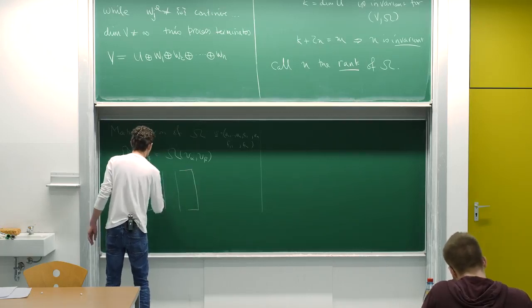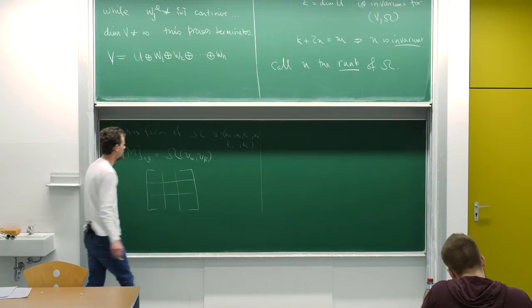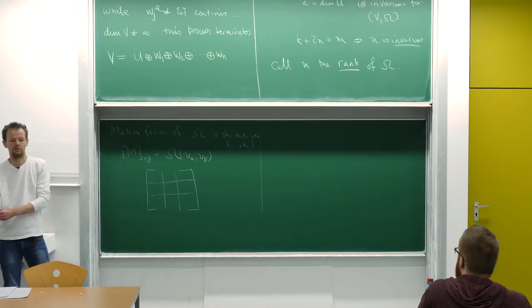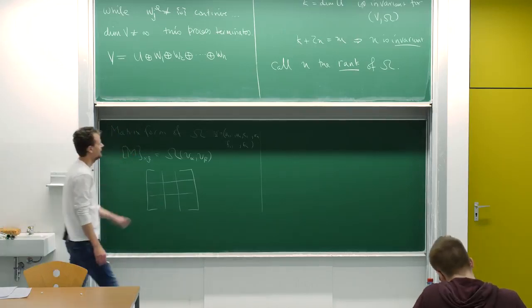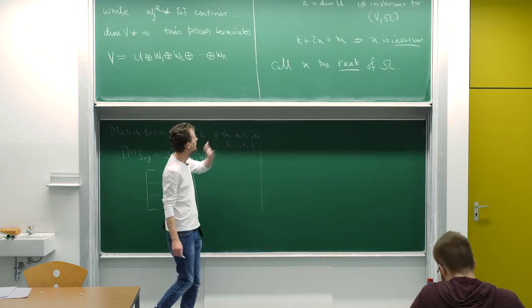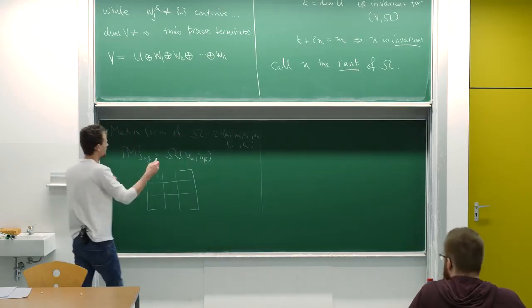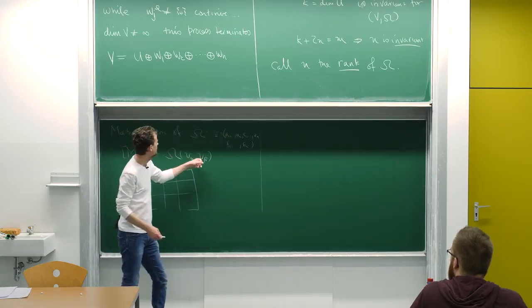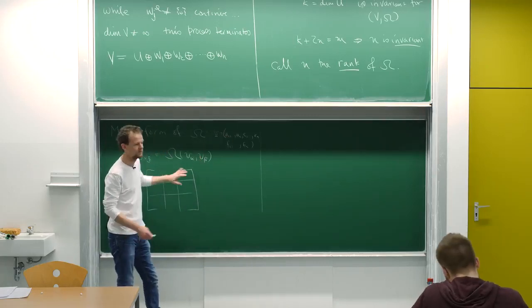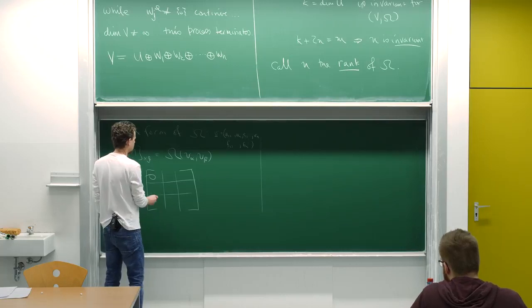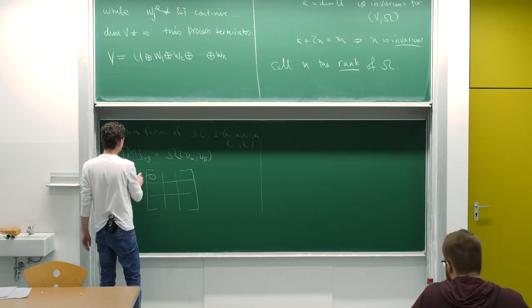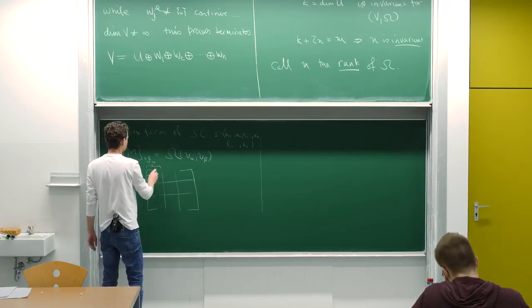It's comprised of 9 blocks, or it's a 3 by 3 block matrix. With respect to the first k basis vectors, omega is really 0, because no matter what you put in here, it's always 0. Lots of zeros. This is the U part of the basis representation.